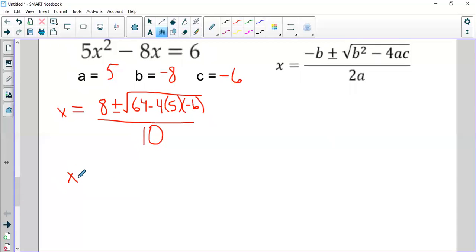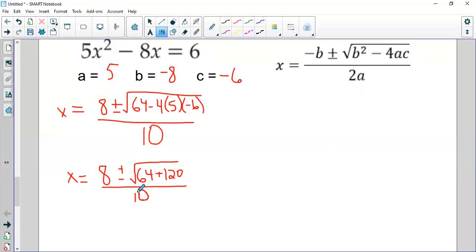Let's calculate inside of that radical. 8 plus or minus the square root of 64. Negative, positive, negative gives me a plus. 4 times 5 is 20, times 6, 120. All over 10.